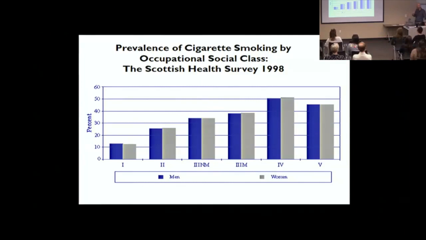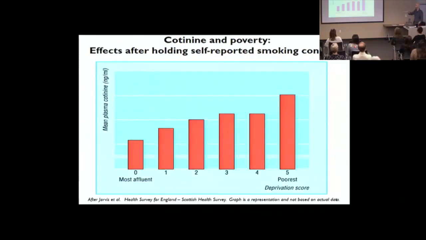If you have a biomedical marker in those groups of people who apparently self-reported the same level of smoking, you still get the gradient. So you still see that poorer people have a greater exposure to primary and secondary smoking, even if you keep constant self-reported smoking.